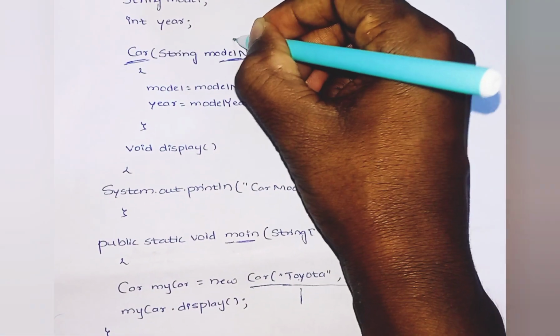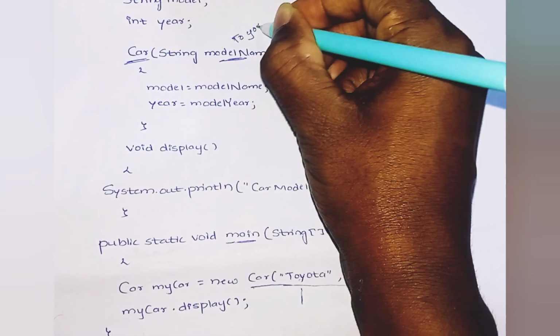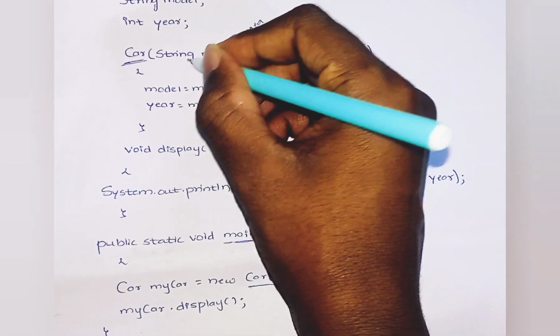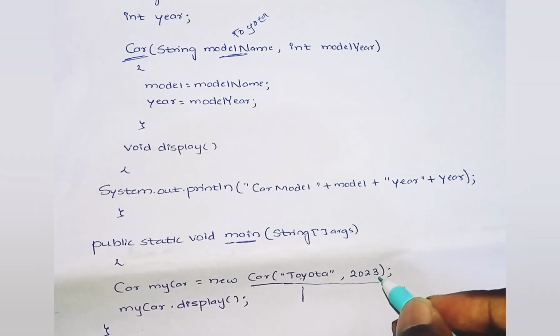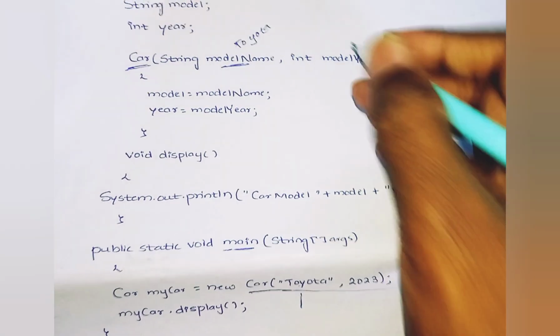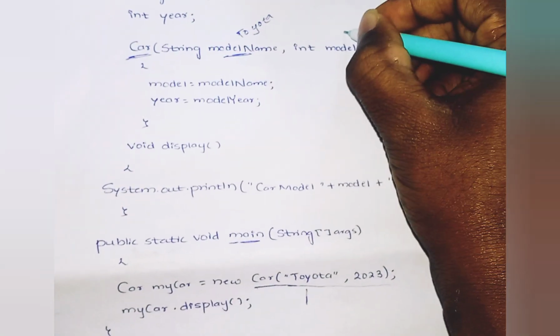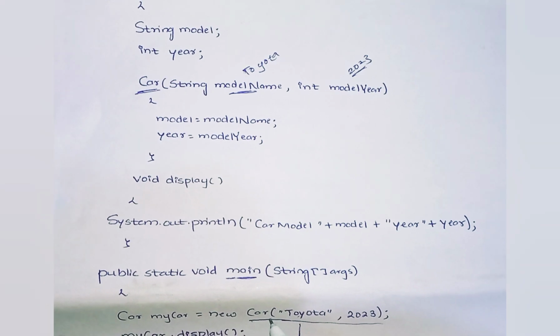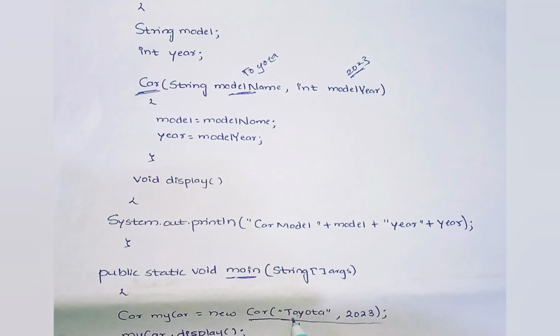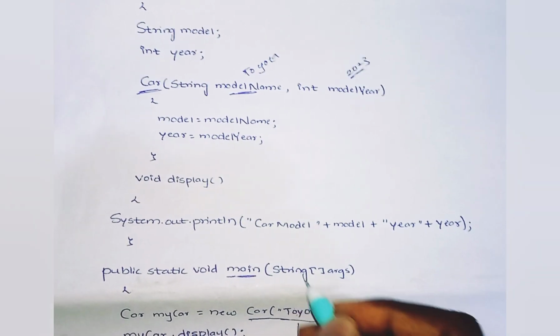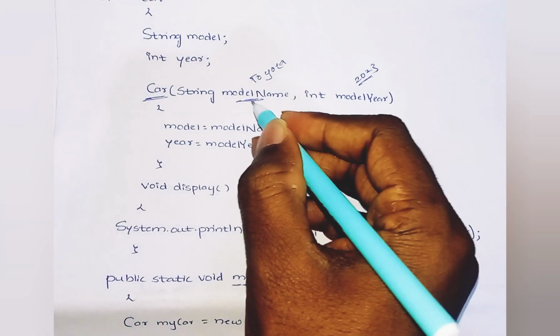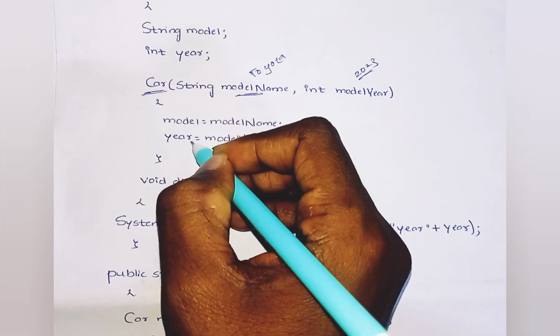The first argument, Toyota, which is of type String, will get assigned to modelName. So modelName becomes Toyota, and it is of type String. The next argument, 2023, which is an int, will be assigned to modelYear. The moment you call the Car constructor automatically by using the new keyword, these two arguments will be assigned to these two parameters and this block will be executed.